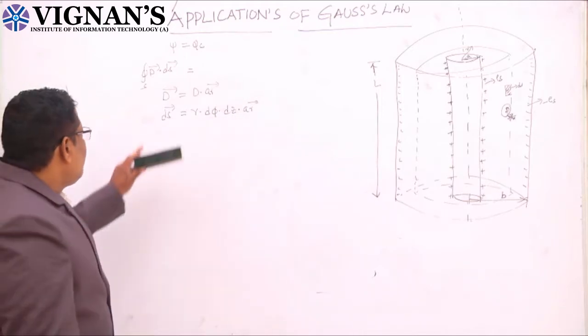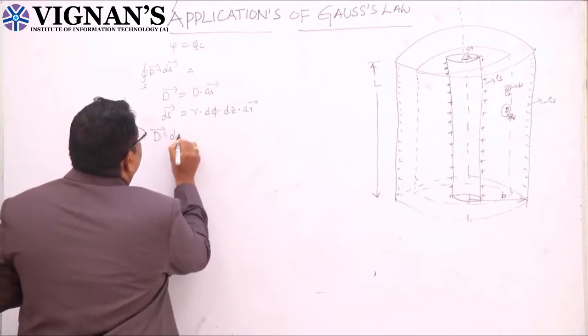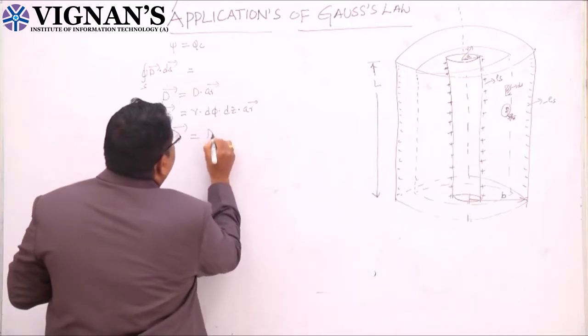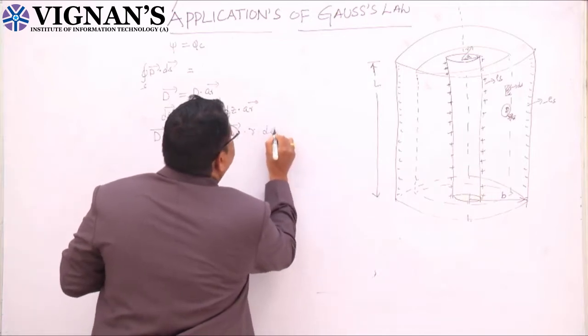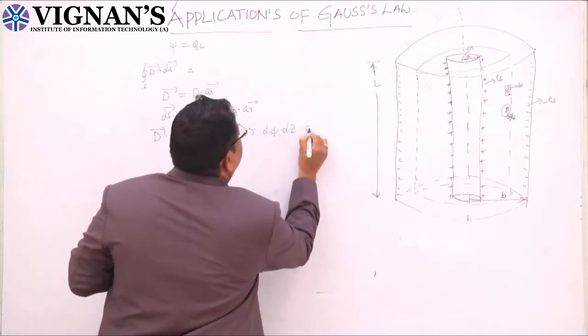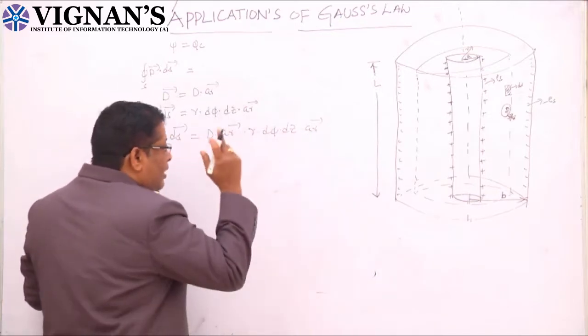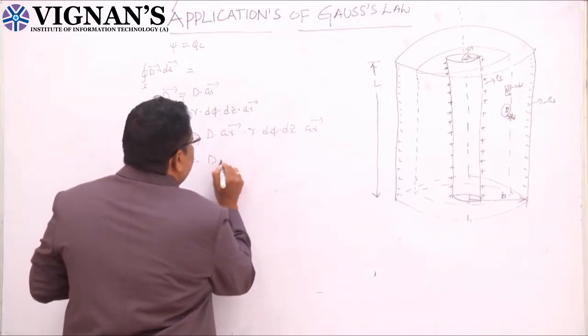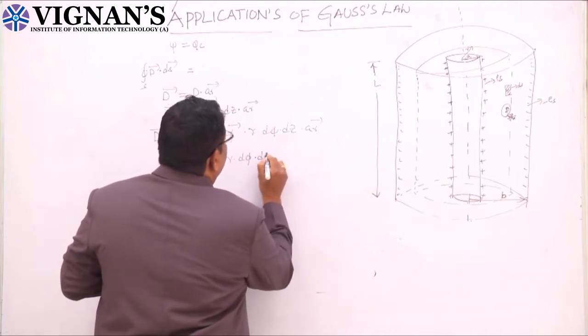Now find the dot product of these two: D bar dot dS bar equals D a r bar dot r d phi dz a r bar. a r bar dot a r bar becomes 1. This equals D into r into d phi into dz.